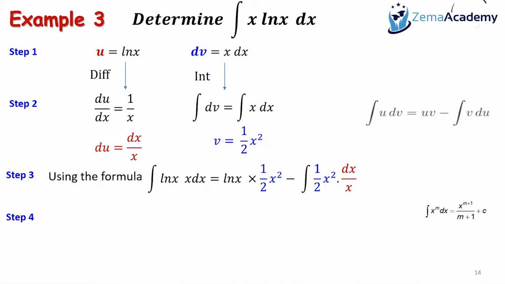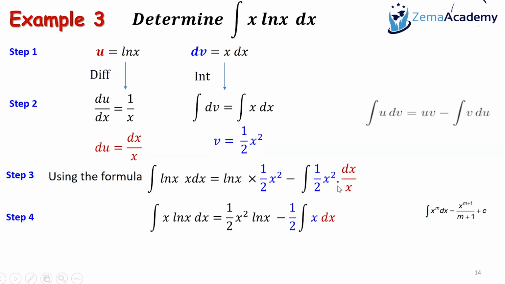Be aware that while you are using the standard formula, there may be a situation where the constant term or the x variable itself cancels out. Like in this case, x square is in the numerator and x is in the denominator, so this x will cancel out with one of the x.